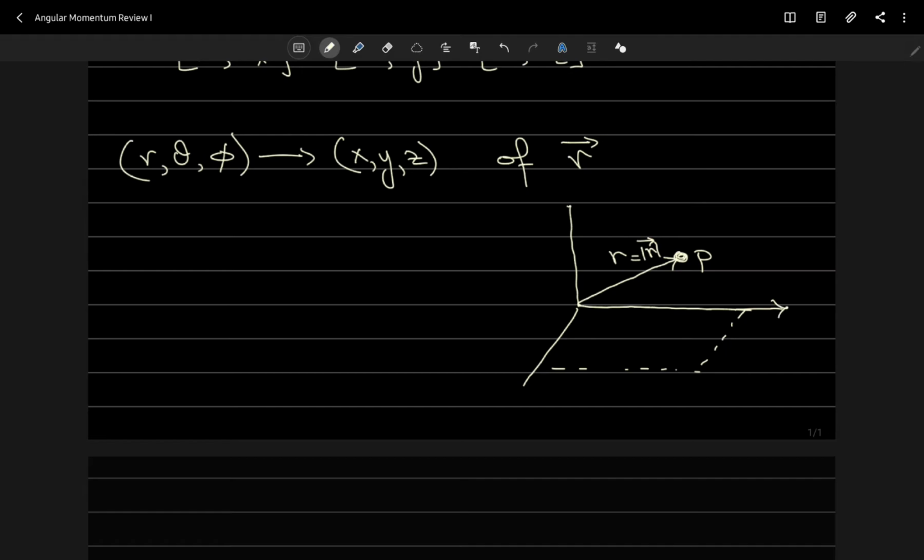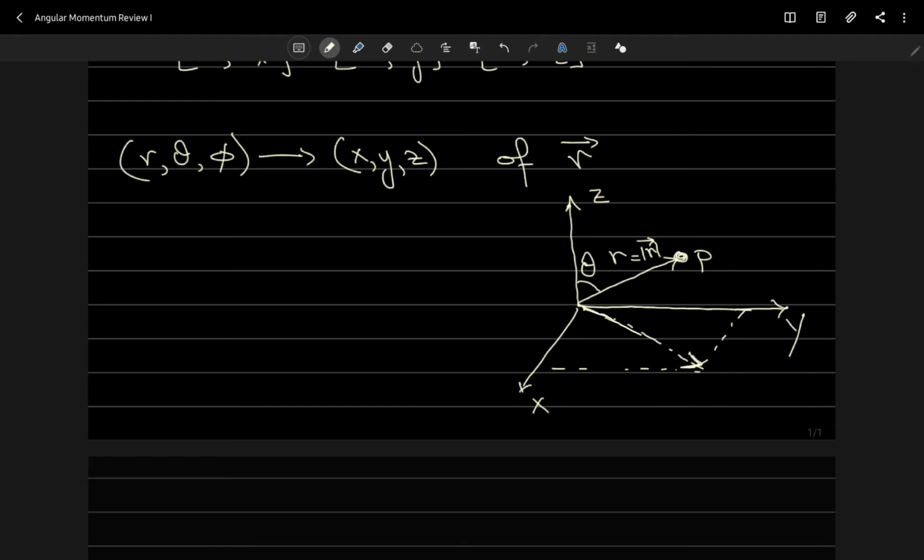And it is important, of course, to note that this is my y-axis, this is my x-axis, and this is my z-axis, right? And the angle that this position vector makes with the z-axis, let's call that theta. And the projection of this position vector in the xy plane is this vector that I drew over here with this dotted line.